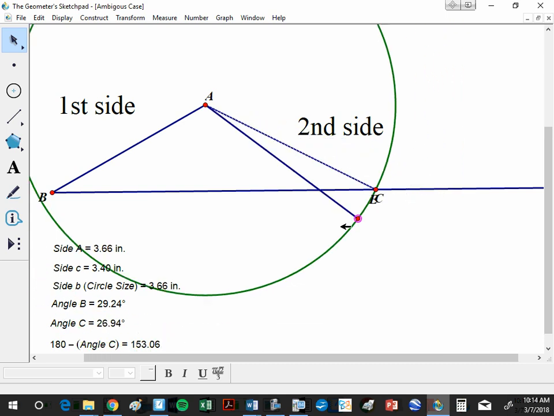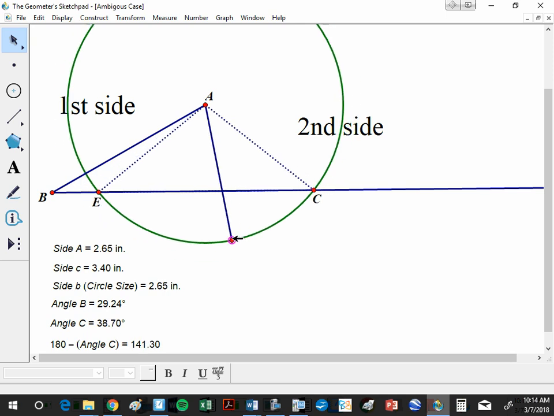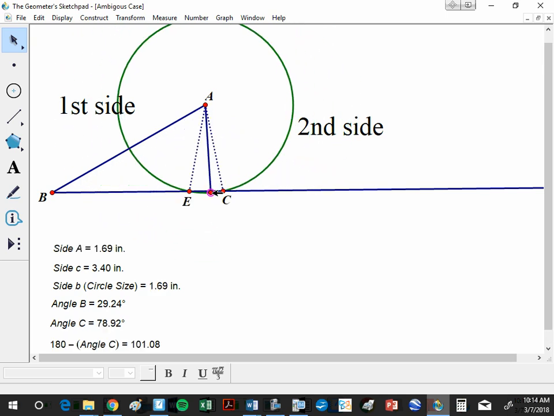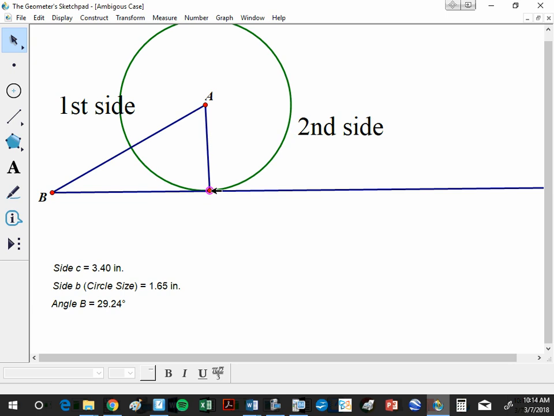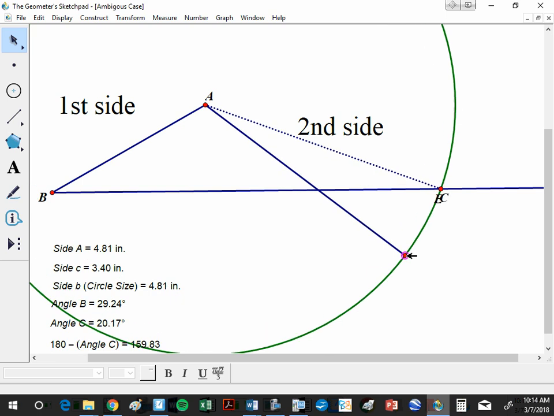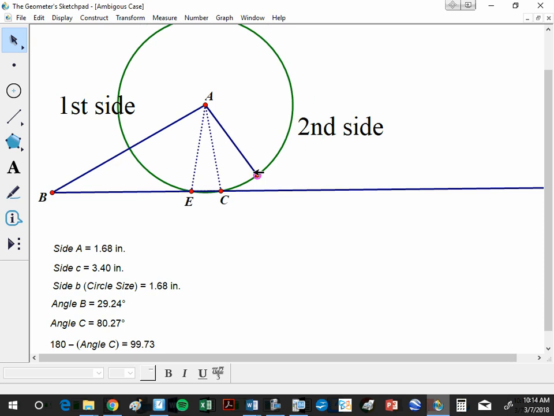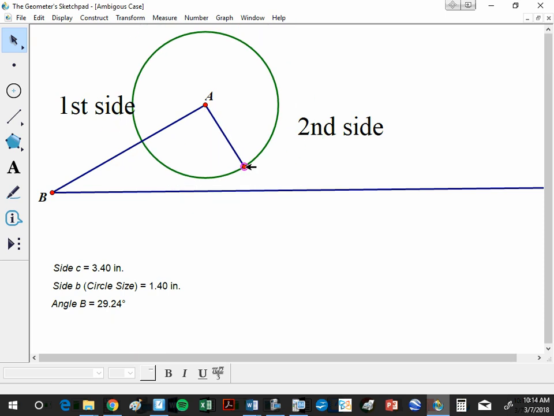If the second side is shorter than the first side, you either have 2 or none, or there is a really weird case, like right there, where you have 1. But that ends up being a 90-degree angle, and it turns out those are really easy to see anyway. So you either have 1 because the second side is really long, or 2 because it's somewhere in the middle, or none because that second side is too small.